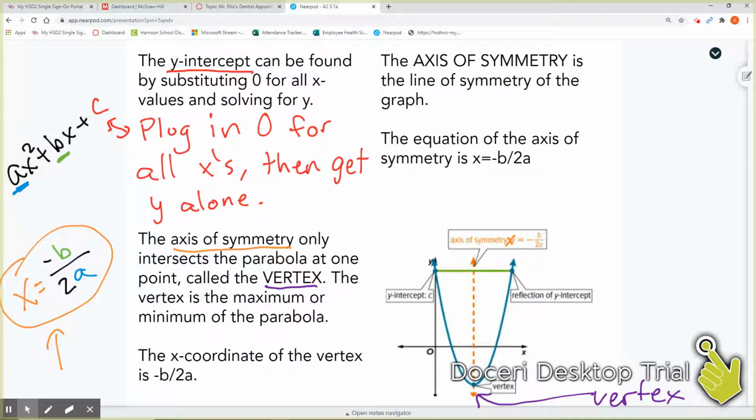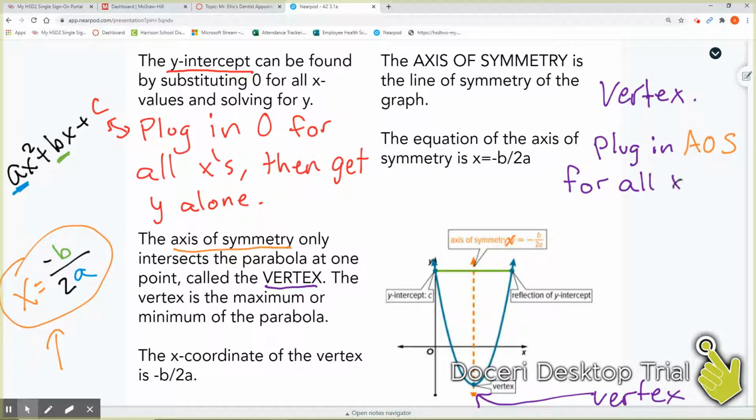So to find your vertex, plug in the AOS, which is abbreviated for axis of symmetry, and I'll even do that in orange since that's what I have been using for axis of symmetry. You plug that in for your x values, then solve for y.